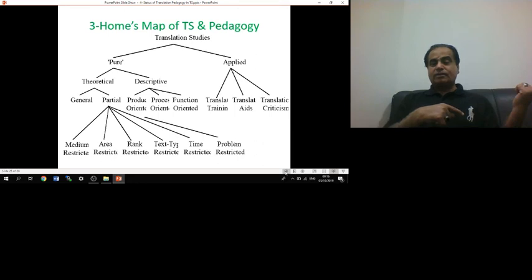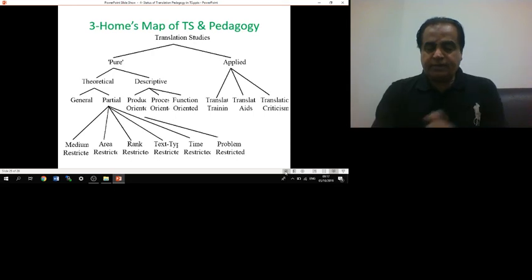For what? For descriptive translation studies, because research in the area of translation pedagogy is a complete area where people do the research, collect the data, analyze, and these things also go back to descriptive translation studies, theoretical translation studies, and partial theoretical translation studies.